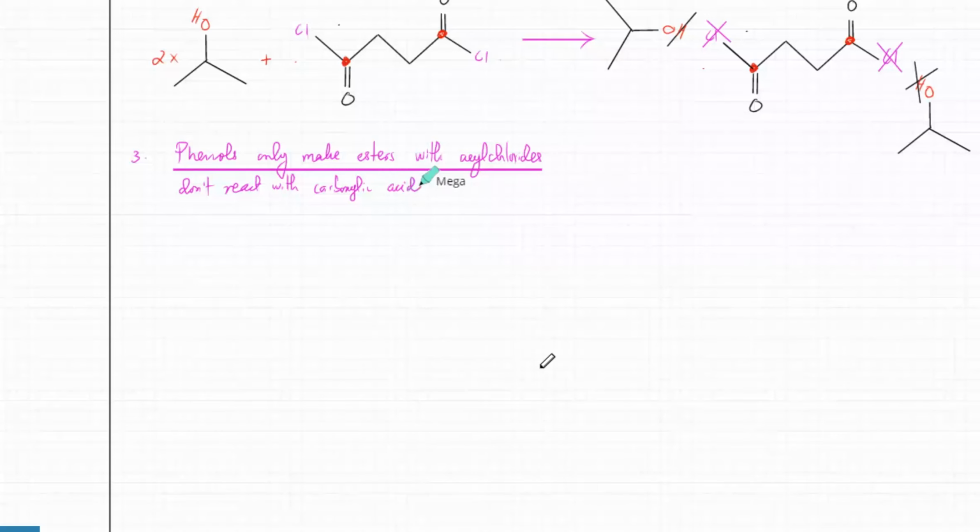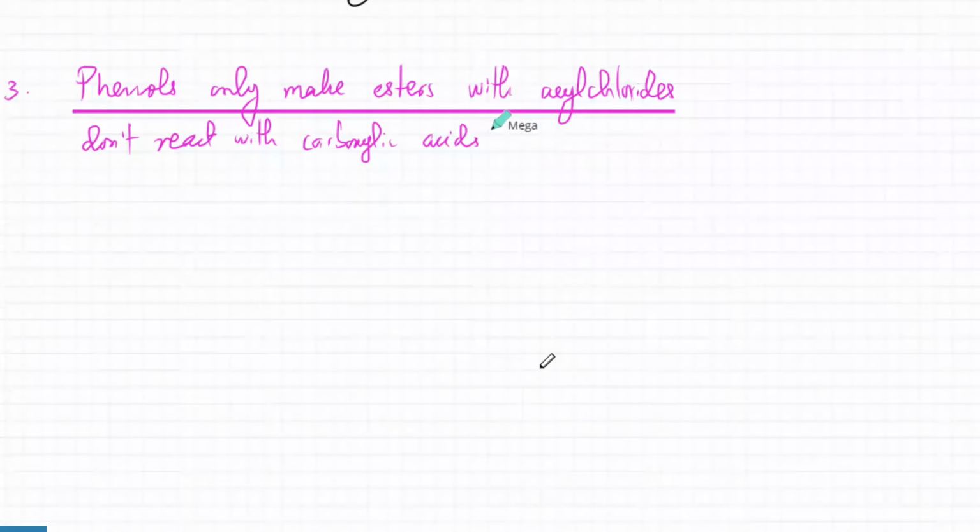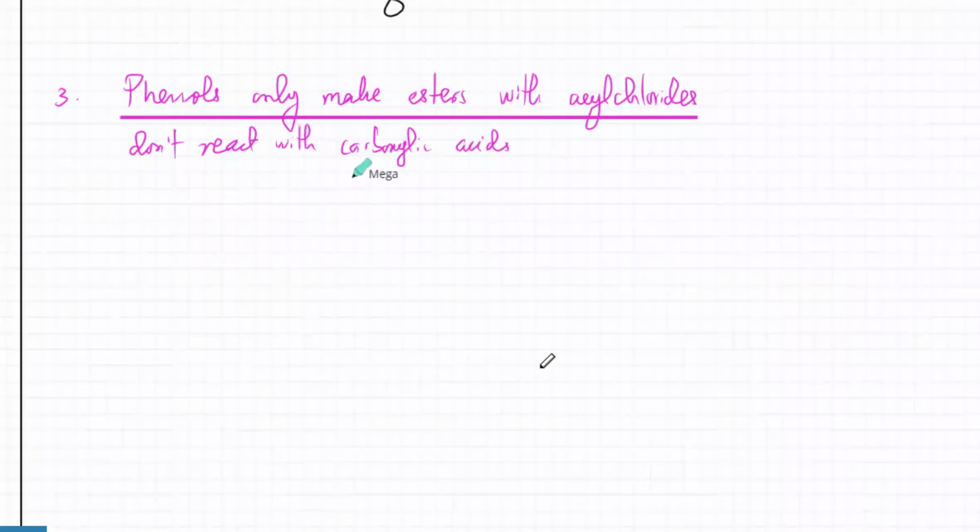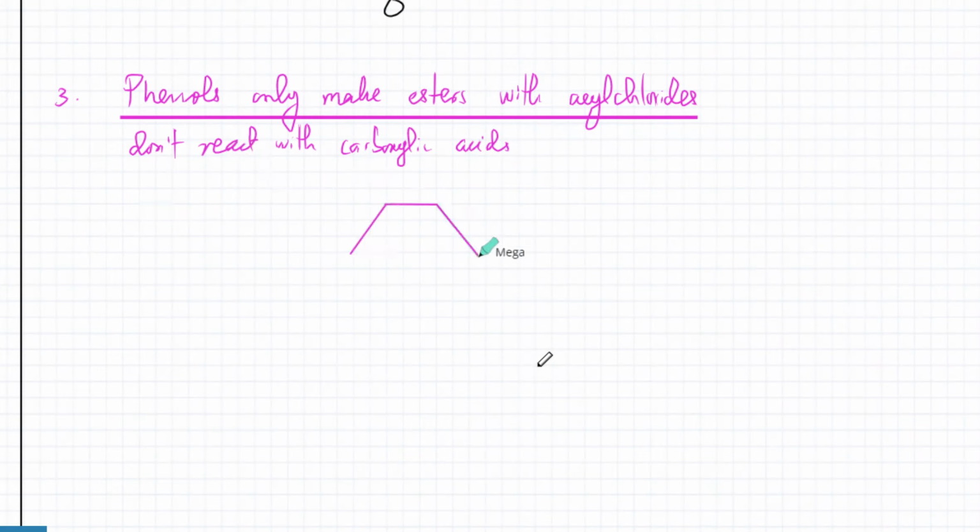The reason for that is that phenols have this big issue. If I draw a phenol, the lone pairs on the OH are actually missing because they overlap with benzene's pi electron cloud.